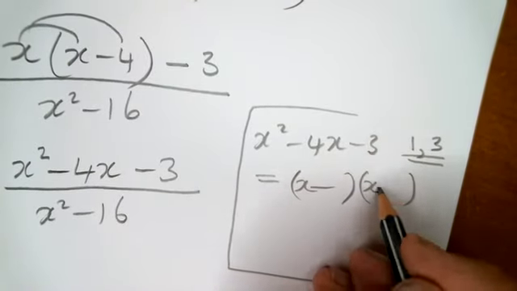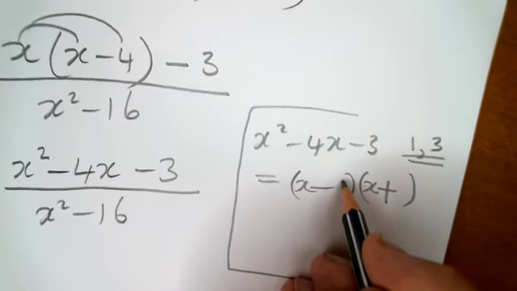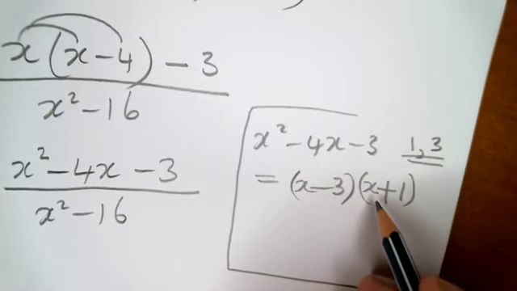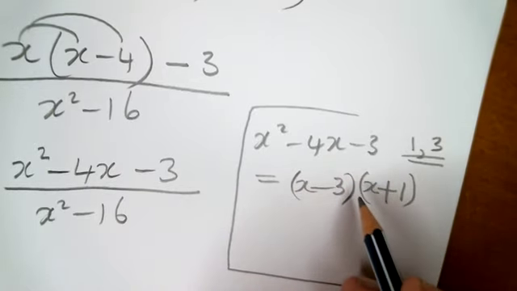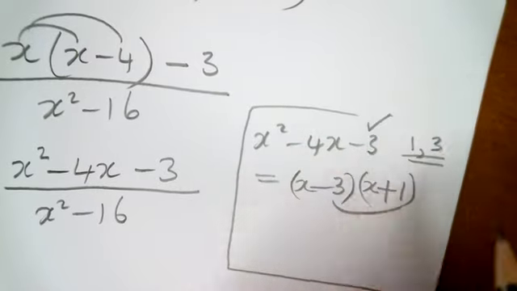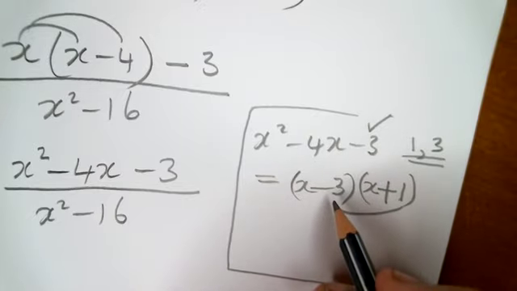Signs are different, and the biggest one is negative. So I'm going to have a negative 3 in here and a 1 in here. No, so I can't just go ahead, this does not work. Because although that times that equals that, negative 3 and 1 is negative 2. So we can't go ahead and do this.